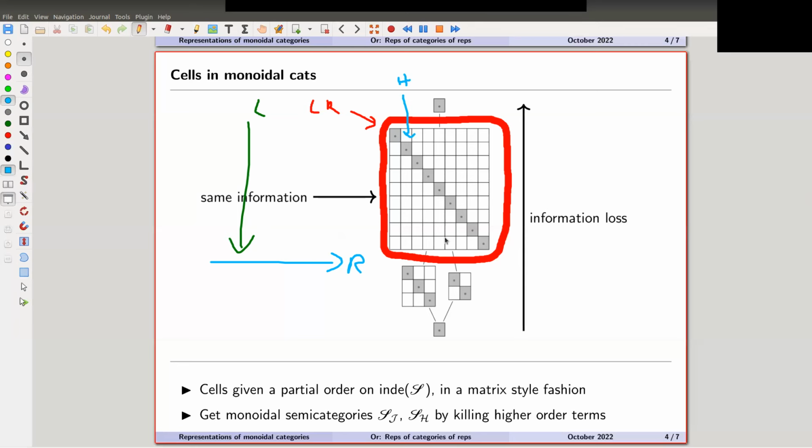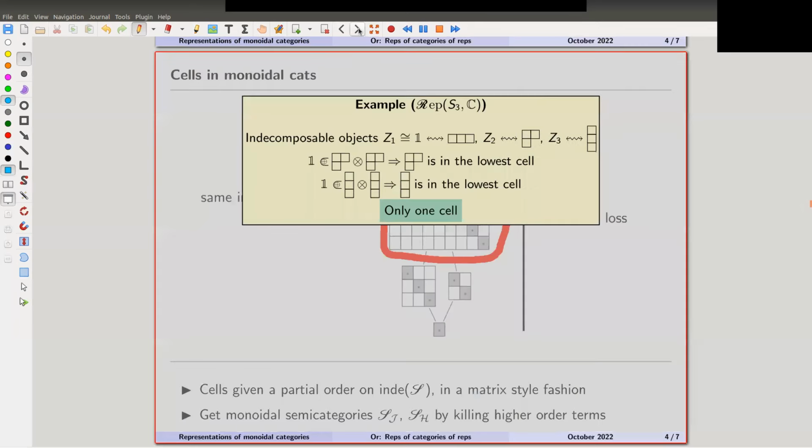Maybe it helps to have an explicit example. For example, I take Rep S3 over complex numbers, very harmless. So I have three indecomposables, three simple modules: the trivial representation, the standard representation, and the sign representation. The trivial representation will turn up as a direct summand of standard tensor standard.